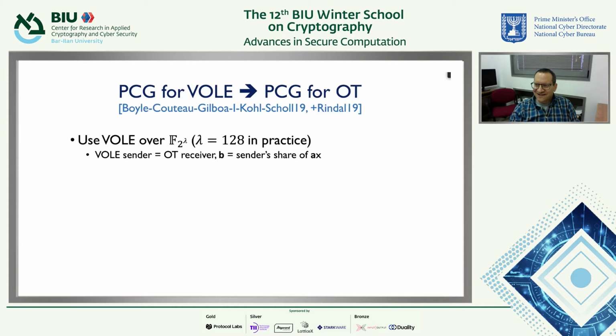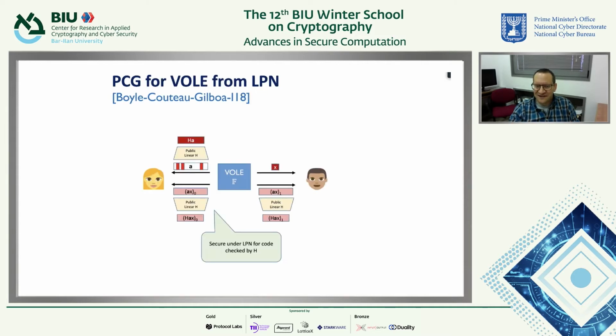Cool. So now the next step, which is simple but a bit more surprising, is how to switch from Vole to OT. Right. So Vole is useful, but it's still not as useful, certainly for general secure computation, as oblivious transfer. And what makes Vole simple is the fact that in Vole one of these outputs is short, right? So it's just a small scalar times a vector. In OT it seems more complex because in OT both parties have long strings, right?